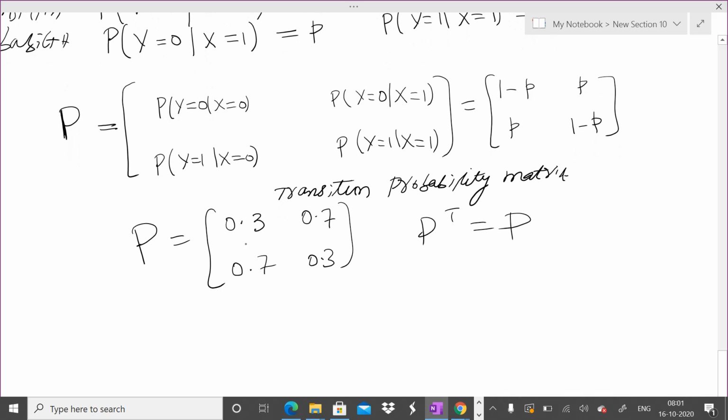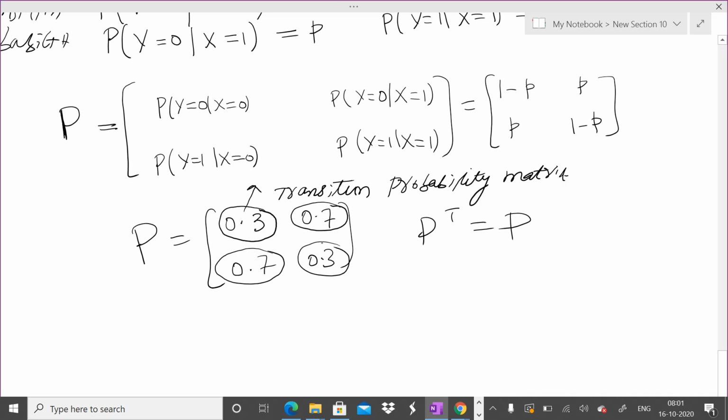So what does this mean? It means that 0 is transmitted as it is with probability 0.3, 0 is changed to 1 with probability 0.7, 1 is changed to 0 with probability 0.7, and 1 is transmitted as it is with probability 0.3.